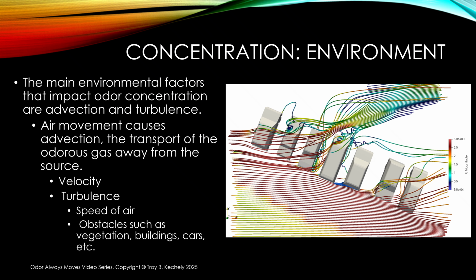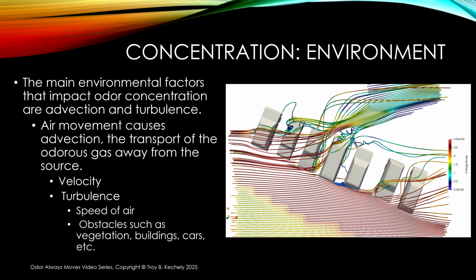So now let's take a look at the environment and how that impacts odor concentration. We've touched on this before, and we've seen different examples of this in the modeling. But air movement causes advection. That's just the transport of odorous gas away from the source.